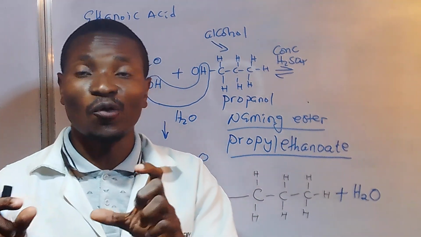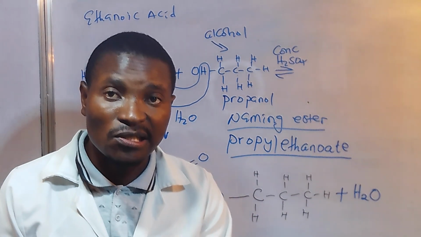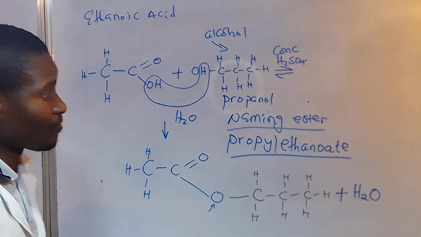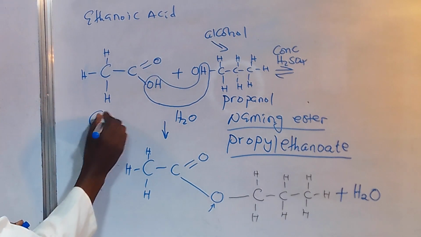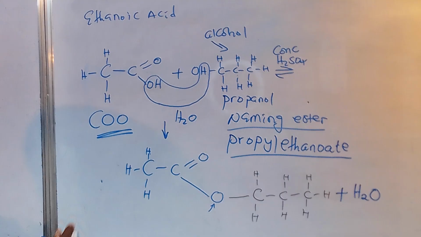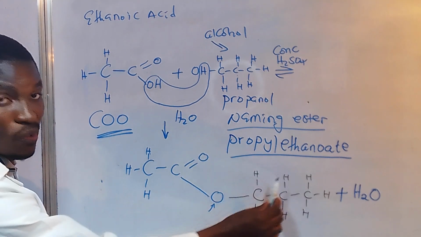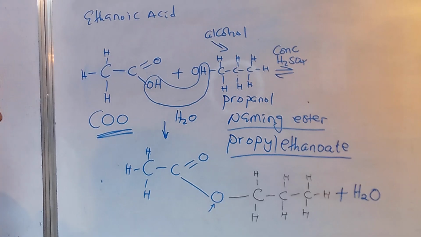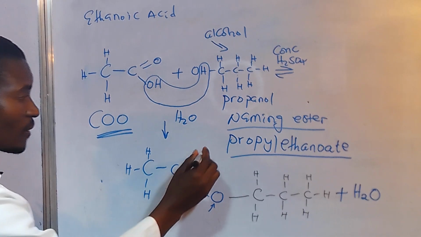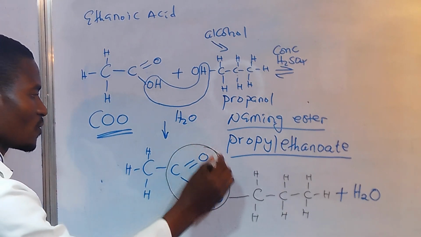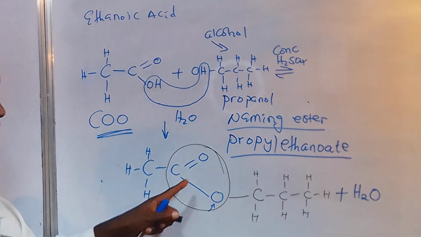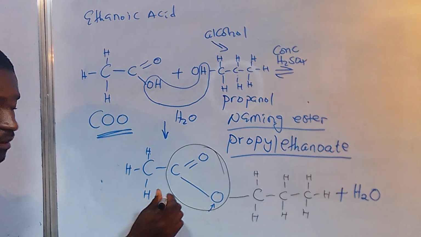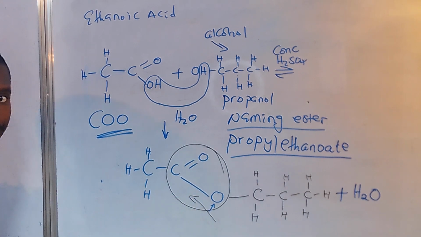The linkage of an ester is understood by knowing that an ester has this functional group. Now, this core, you can look at this structure, and we discover that it is formed by this part.